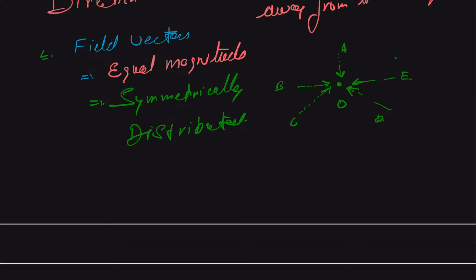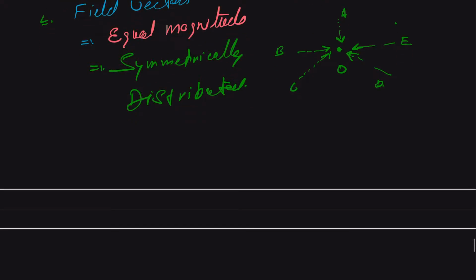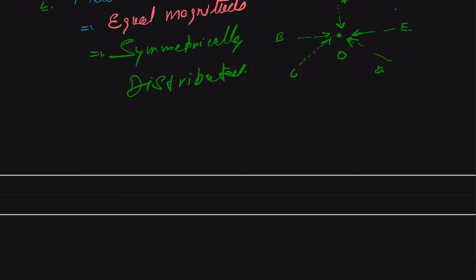And so the vectors of equal magnitude are placed symmetrically around the point, so their vector sum will be equal to 0. And if required, we can also find it out individually, but that is not much required because they are symmetrically arranged.